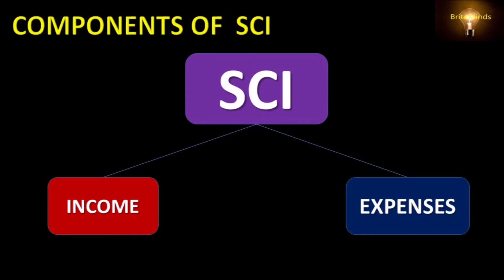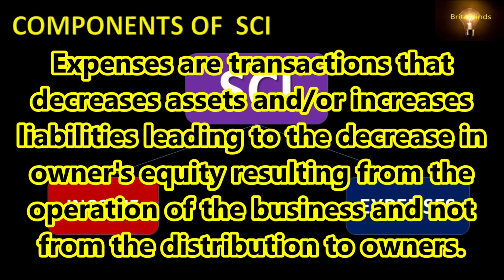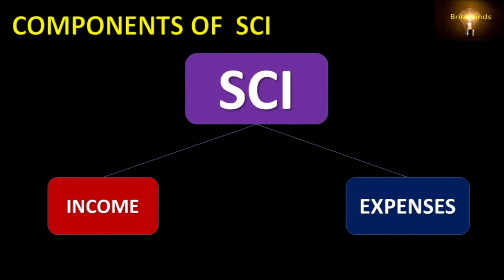And then we go to expenses. What are expenses? Expenses are transactions that decrease assets and or increase liabilities, leading to a decrease in equity resulting from the operation of the business and not because of distribution to owners.